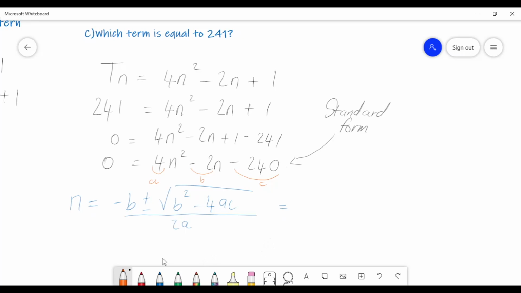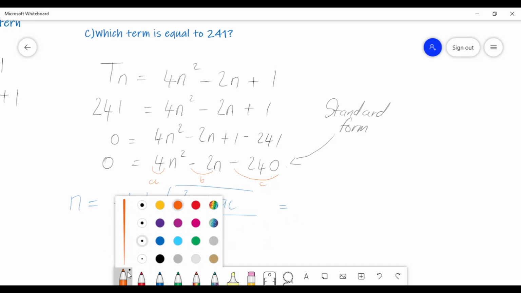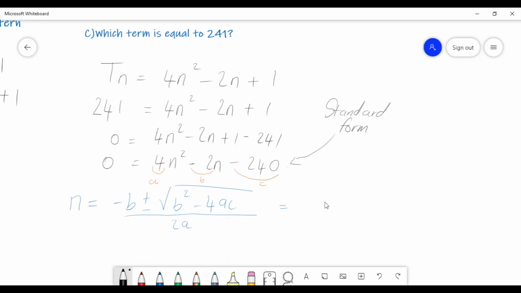So you just simply substitute those values into our equation. We are not going to complicate our lives, guys. I'm just going to change it into black. So it's minus, what is our b? Minus 2, plus or minus, the square root of minus 2 all squared minus 4. What is our a? It's 4. And what is our c? Negative 240.